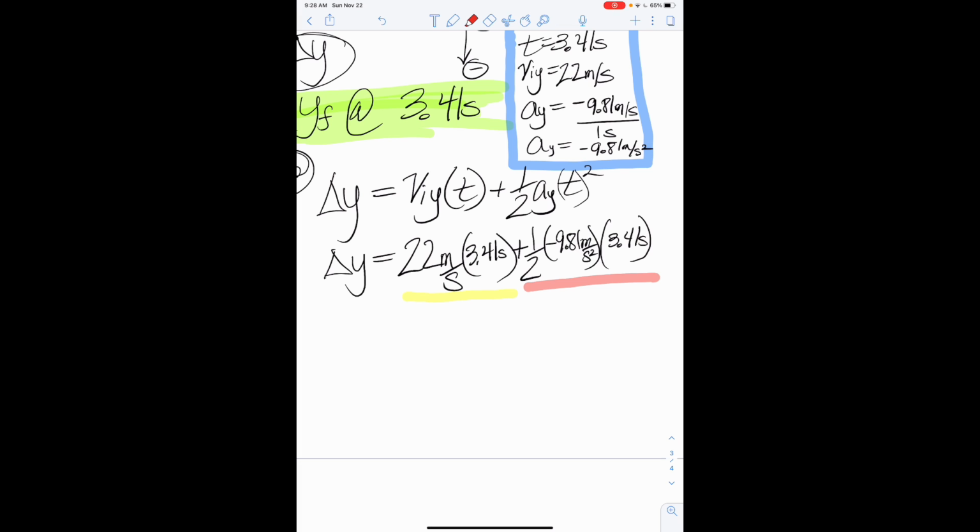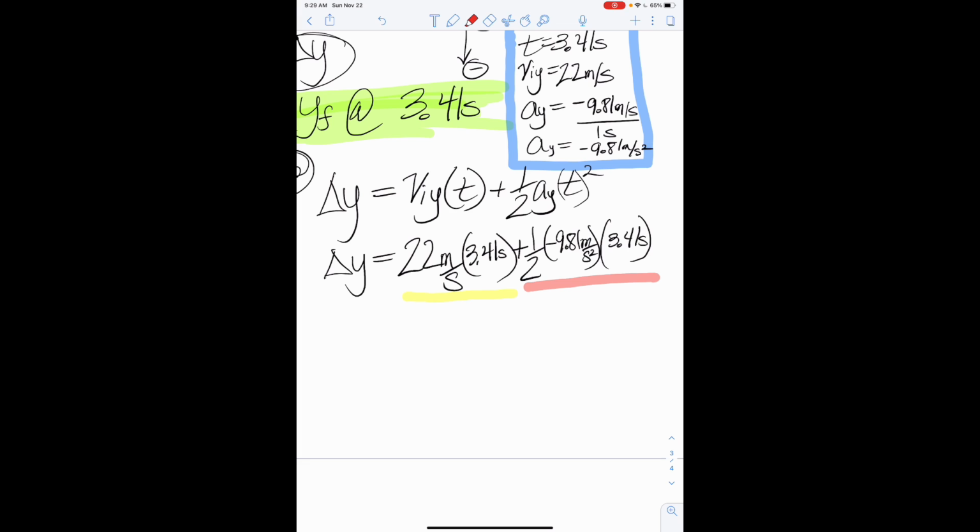So this is like the battle that's happening here, and we want to know which one's going to win out. The positive effect of the bat initially, which is in yellow, or the negative effect of gravity that is going to happen the entire time. Eventually, we know the yellow part's going to run out and gravity's going to win and the ball is going to come back down.